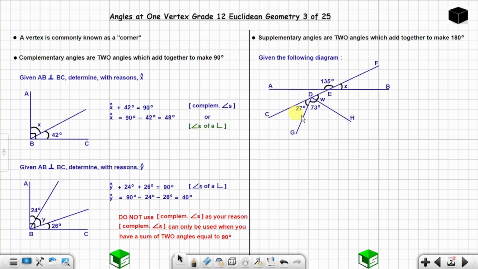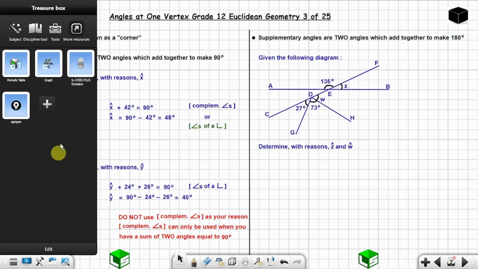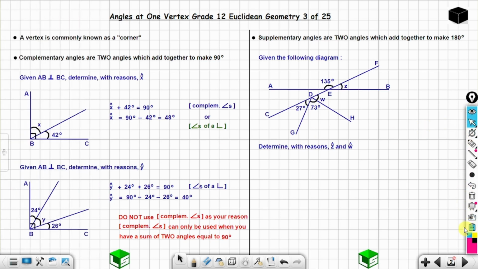Now determine with reasons the angle Z and the angle W. I'm going to use the highlighter.